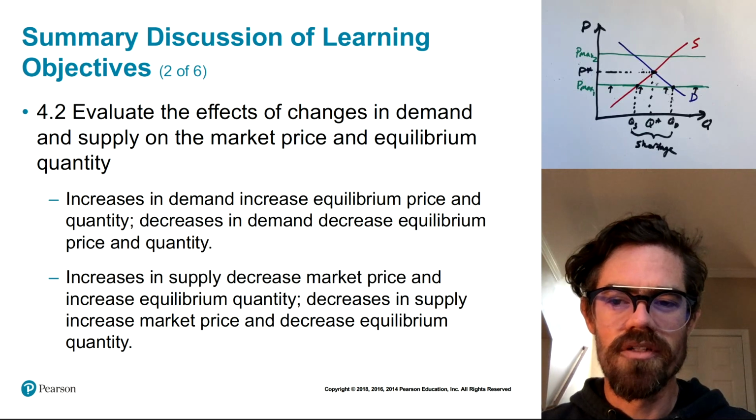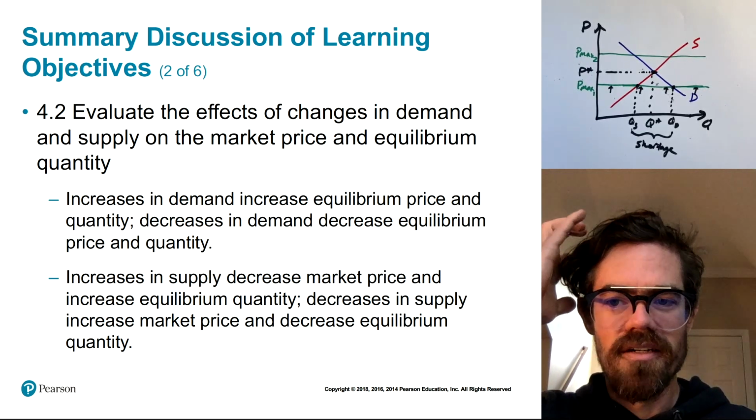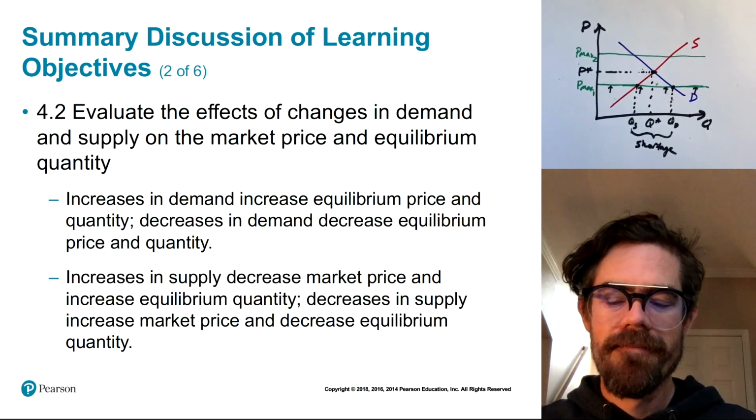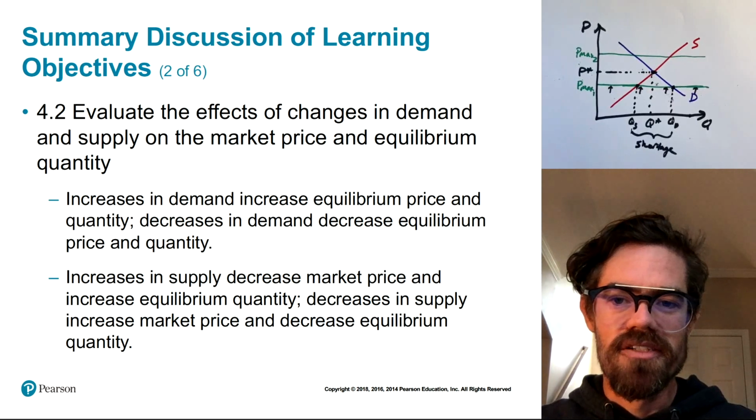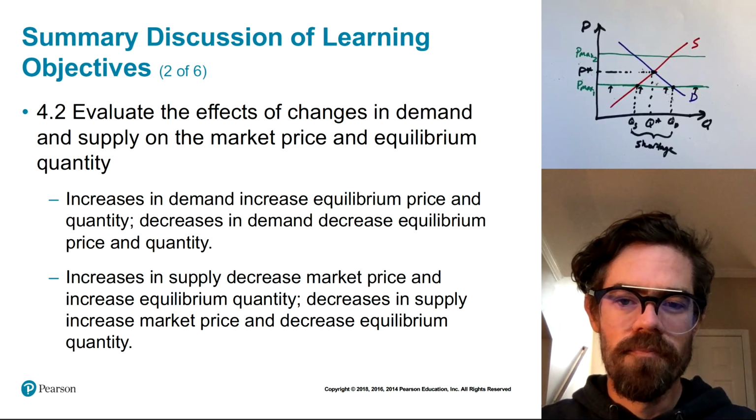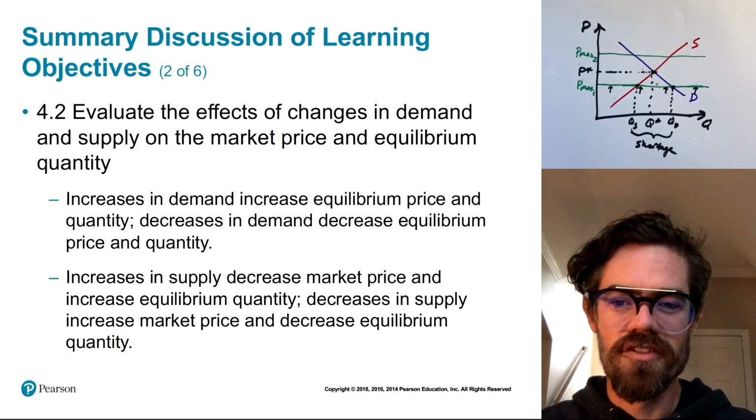So this one's really important. This is a very important section that you need to be very aware of. So increases in demand increase equilibrium price and quantity, and decreases in demand decrease equilibrium price and quantity, whereas increases in supply decrease market price but increase quantity, and vice versa for decreases in supply.